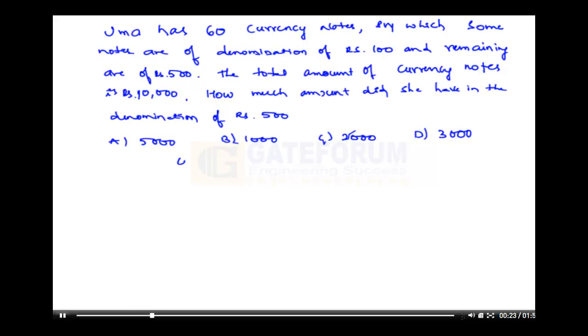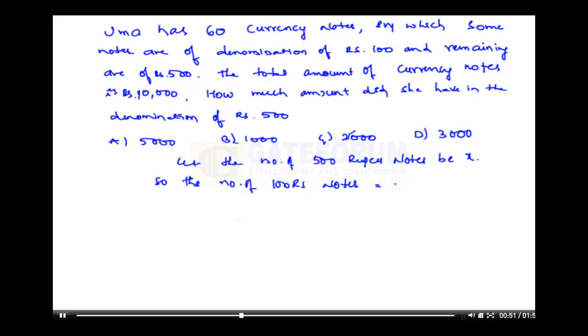Let the number of 500 rupee notes be some x. Out of 60, the remaining are going to be in the denomination of 100. So the number of 100 rupee notes will be 60 minus x.